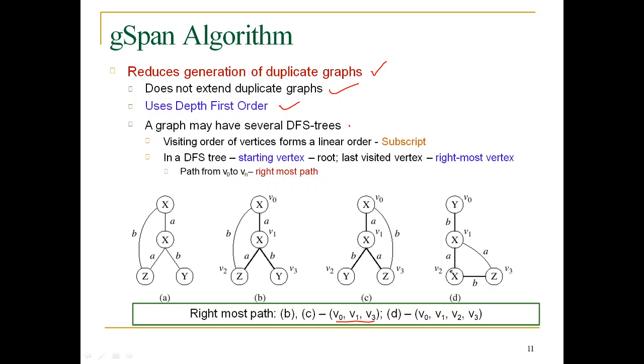Similarly, for D it is V0 to V1, then V2 and V3. So these are the values we are going to take.